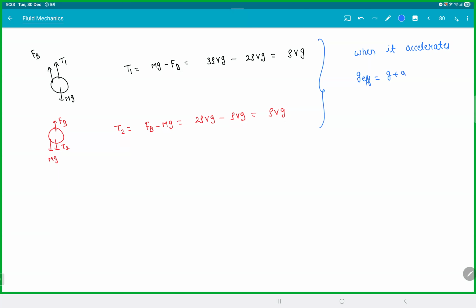That is because both were equal. Think of it like this. If you have 10 minus 10, and you multiply both by 2, the difference will still remain the same. But if it is 11 minus 10, and you double this and double this, the difference also gets doubled, isn't it? Because the forces were unbalanced, the difference also would have increased. So T1 and T2 both will increase.